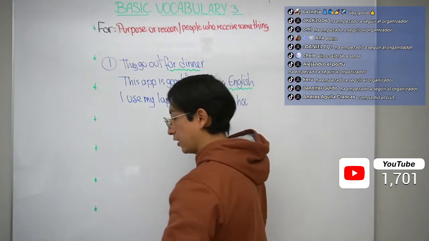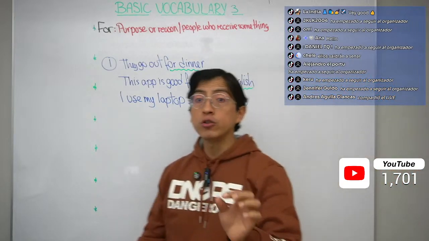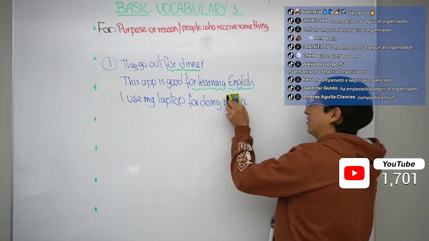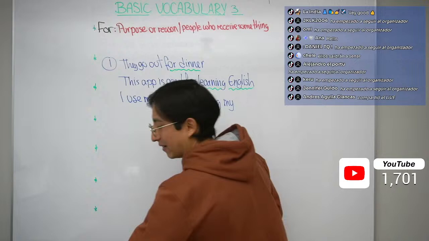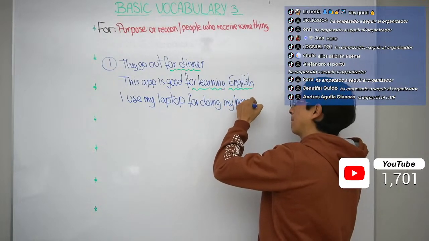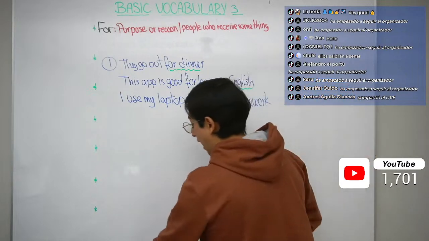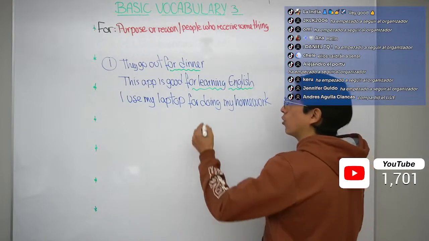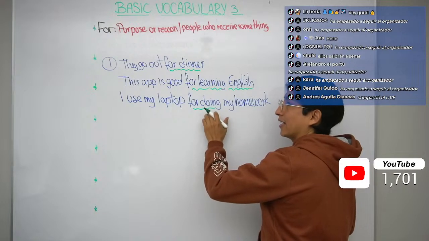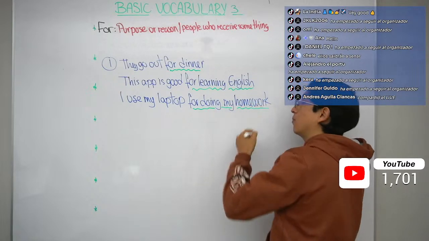Look at that. I use my cell phone or my laptop for doing my homework. Again, after we use for, we need to continue with the gerund, the ing form. For doing my homework.